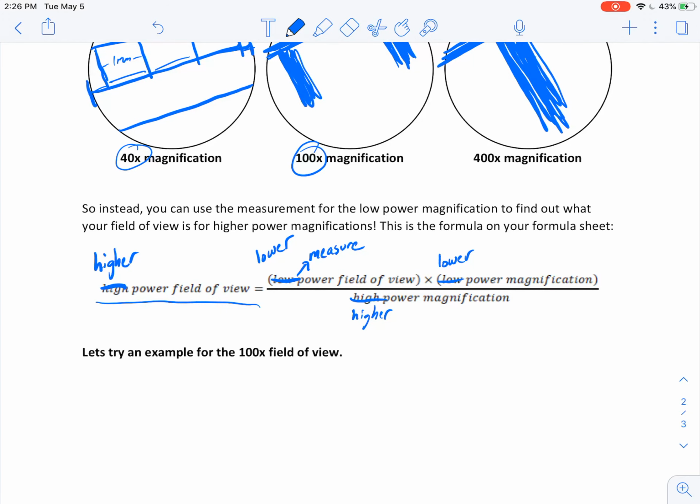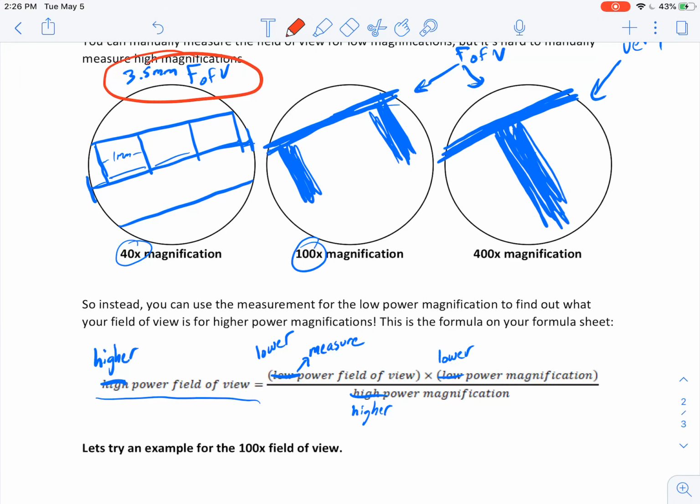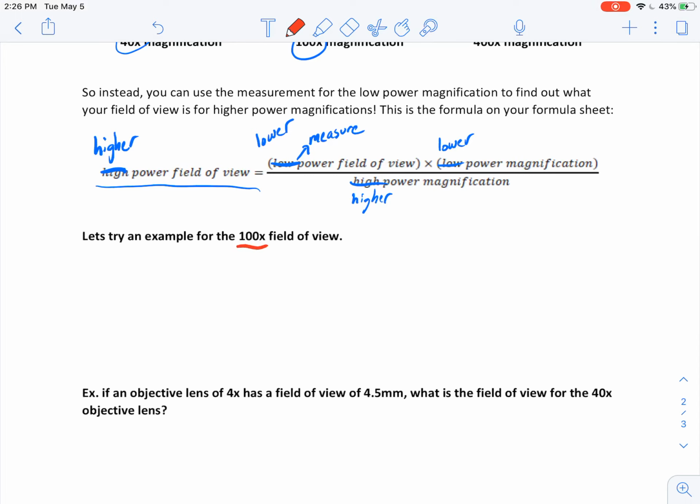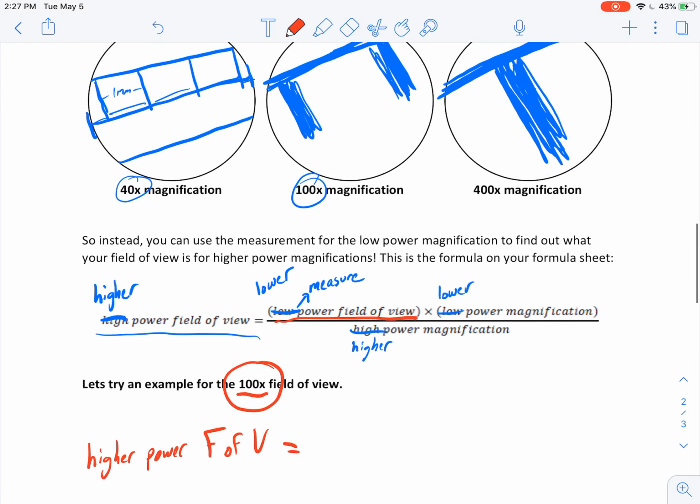So let's look at an example of one that we've already done. We've already measured the field of view for the lowest power, and we're going to do the 100 times magnification. So the higher power field of view is the field of view that we're trying to find for this 100 times magnification. That's going to be equal to the lower power field of view, which is what we measured.